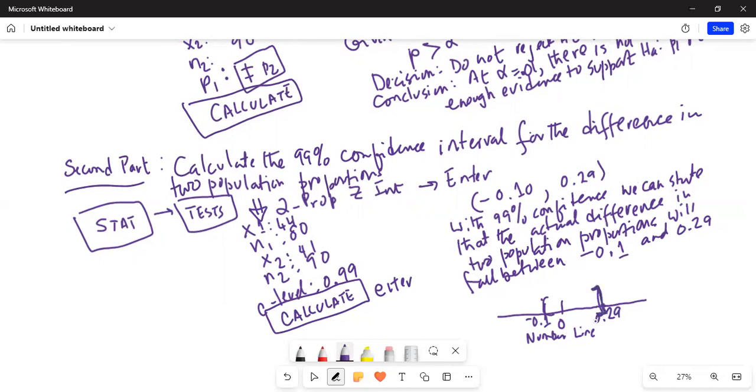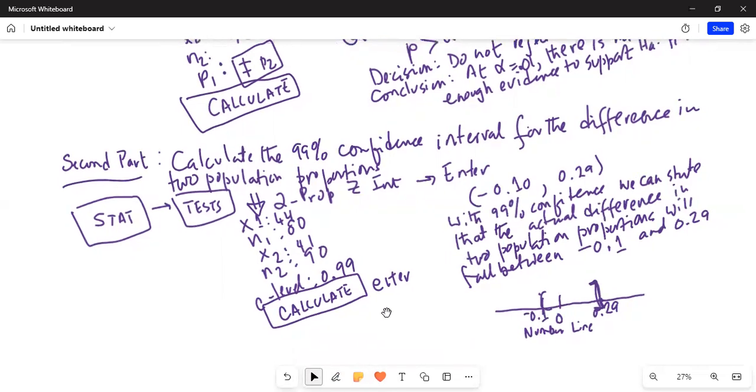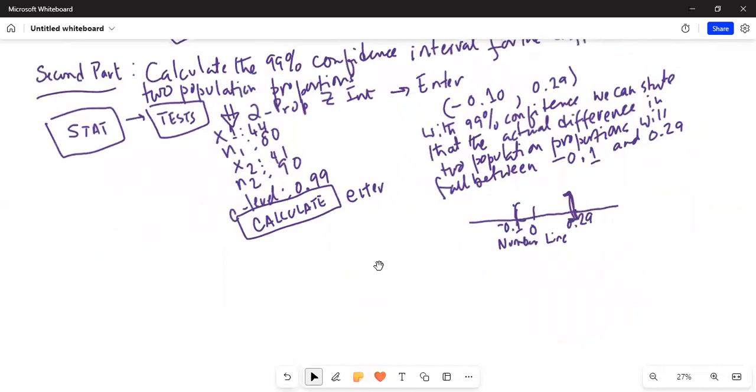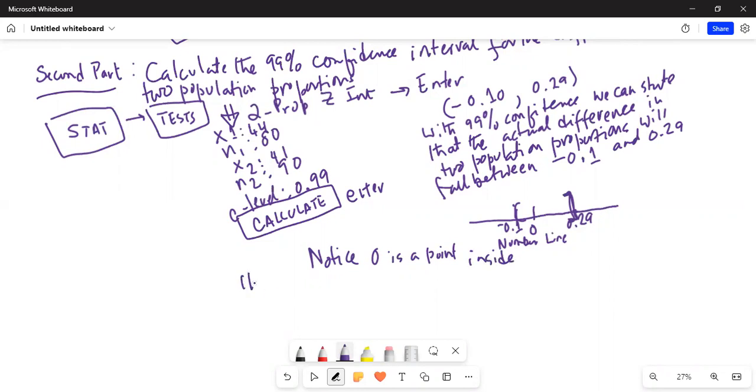Okay, so if I move this up, notice 0 is a point inside the 99% confidence interval for P1 minus P2.